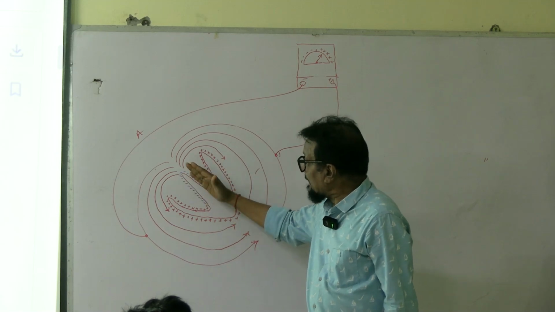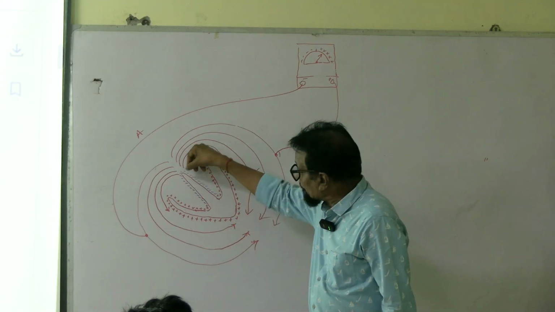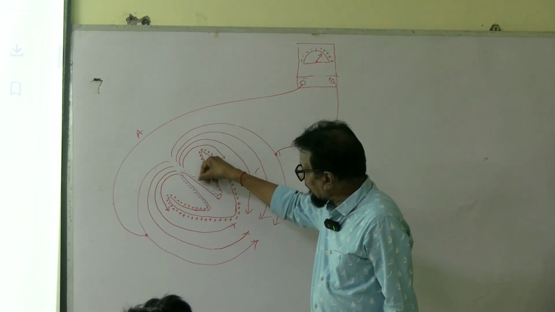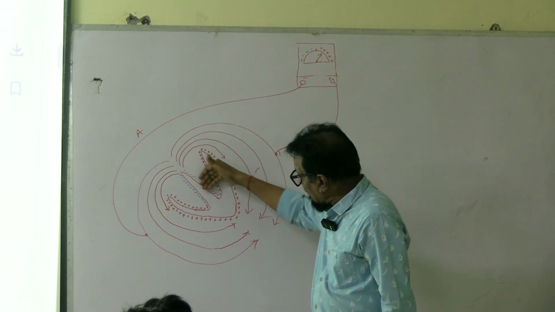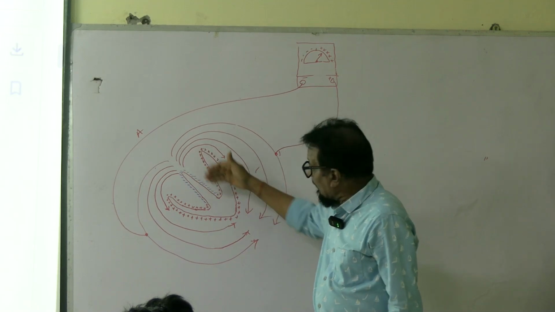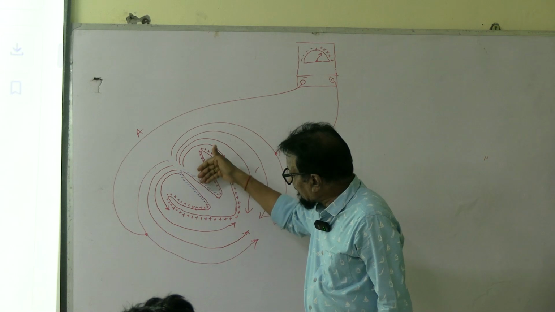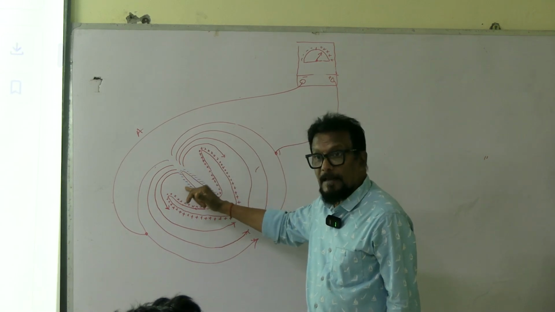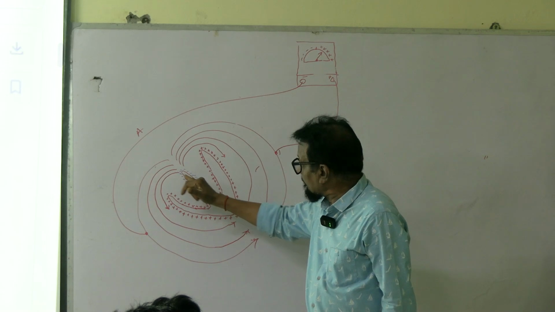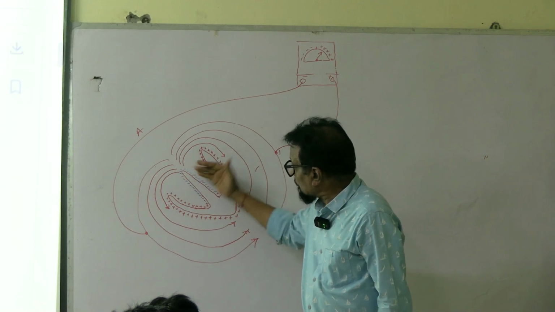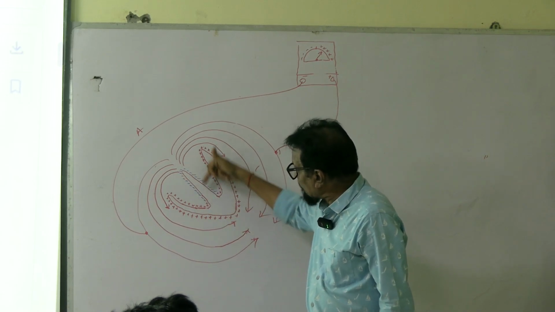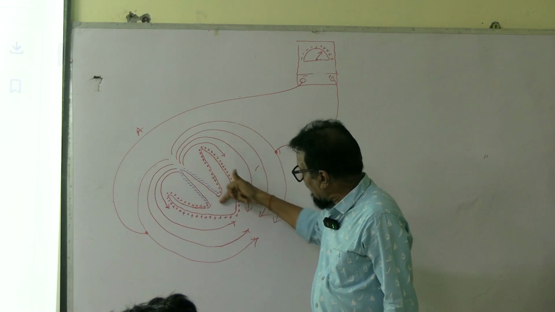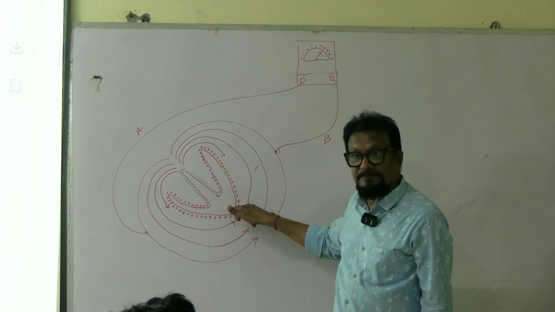This is the left surface, this is the right surface. So first it will enter here and gradually come towards the apex. While coming down, it will send impulse to the surface of the right ventricle. So this is the septum, from here the impulse comes to this side, and ultimately it will reach the apex.